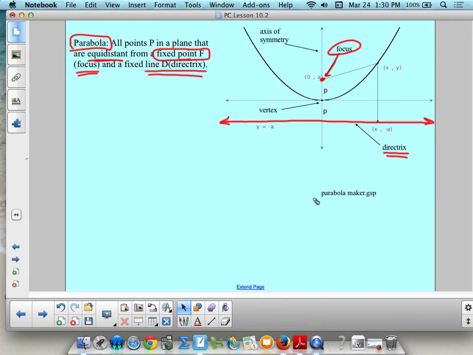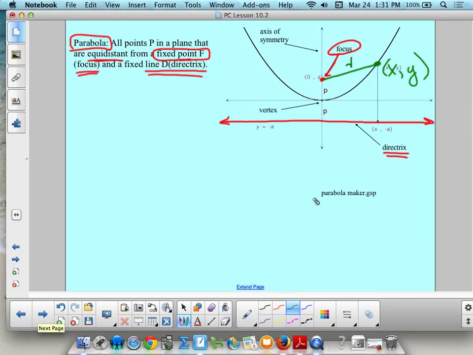So what they're trying to tell you is, if you pick a point on the parabola, x, comma, y, then this distance right there, call that D1, and this distance right here, call that D2. What do you know about the two distances? They're equal. Whatever point you pick, it doesn't matter. This distance and this distance must be equal for you to have a parabola.